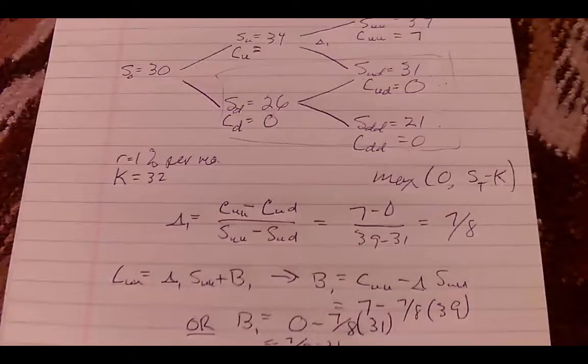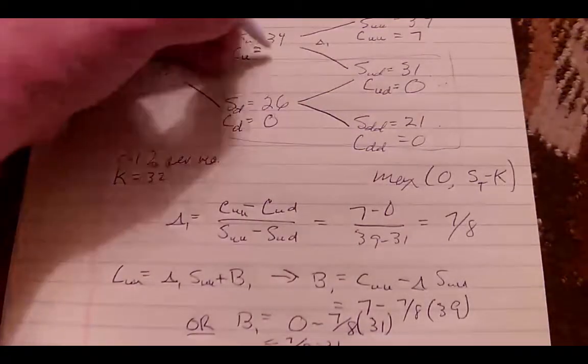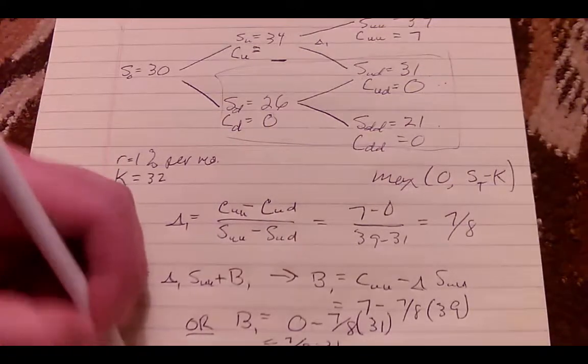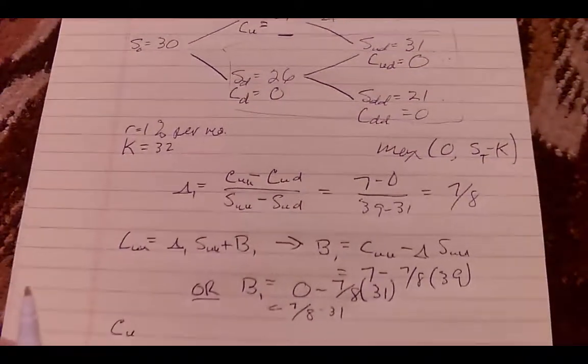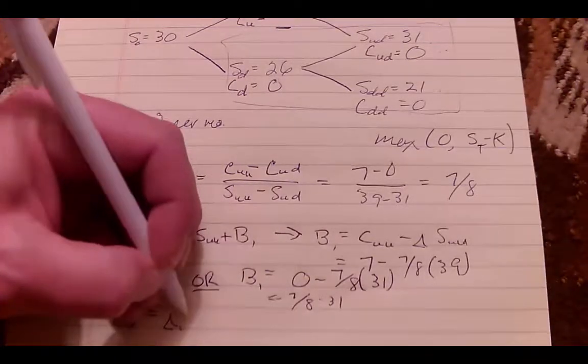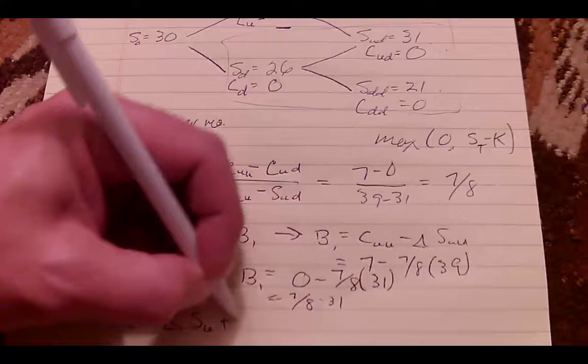Now we use that to calculate C up, which is delta 1 times S up, plus the B1 we just calculated.